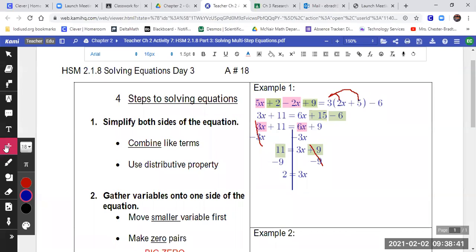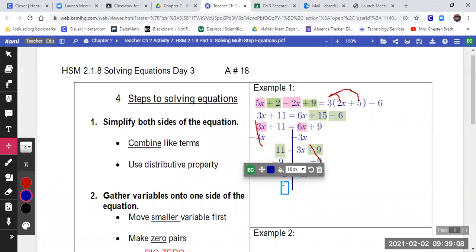Is it multiplying or dividing right now? If I say 3x, is that meaning multiplying or dividing? It means multiplying. So we have to undo multiplying. What are we going to do to undo multiplying? Divide both sides by 3.